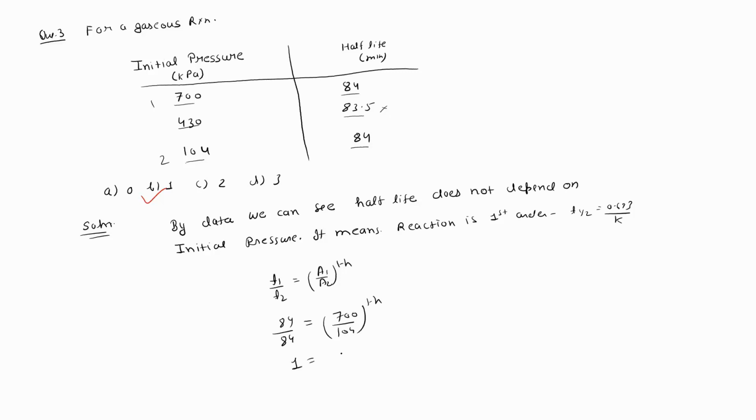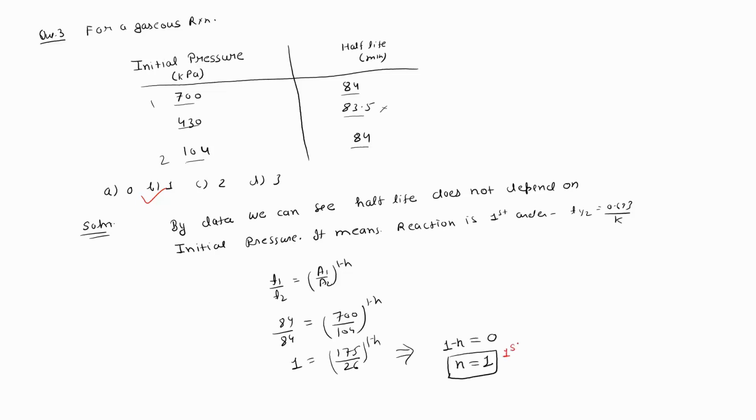This is 1 and this is 175 by 26, the whole power 1 minus n. This is only equal to 1 when the power of 175 divided by 26 is equal to 0. So 1 minus n is equal to 0, so n is equal to 1.